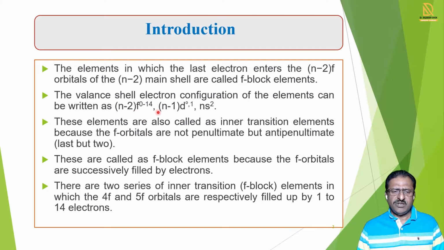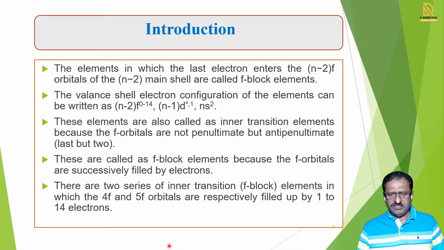In the d orbital, 0 or 1 electron is present, so remember it is 0 dash 1, meaning it contains 0 or 1, and ns contains 2 electrons. This is the electronic configuration of these F block elements.